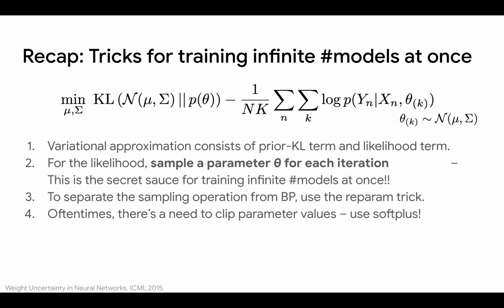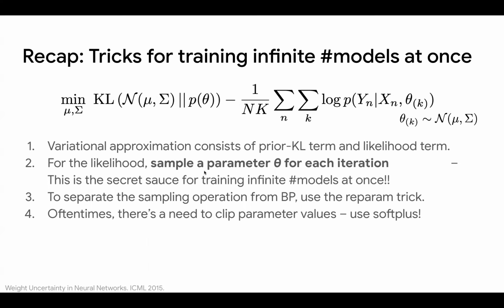So that was the trick in general for training an infinite number of models. The first step is you can do some kind of variational approximation, and that is mainly to justify what you're doing, right? And then eventually what you came up with is some kind of combination of a KL term against the prior and some likelihood term for training the actual model.